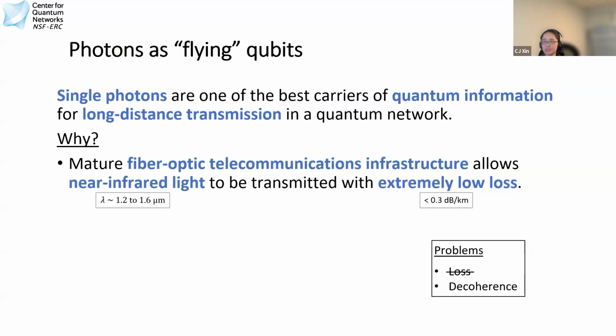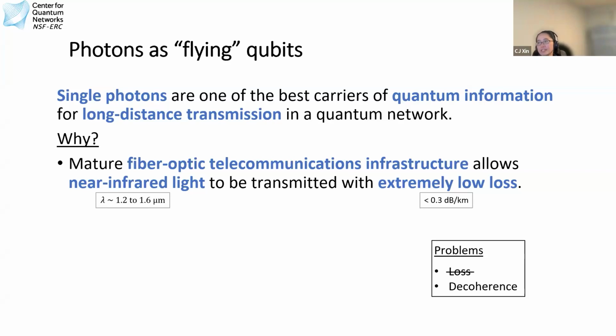So let's put some numbers to it. When we talk about near-infrared light, we're talking about a wavelength in vacuum of 1.2 to 1.6 microns. If you ever hear anyone talking about the telecommunications band or telecom band in the context of optical communications, this is the wavelength band they're referring to. And also extremely low loss.